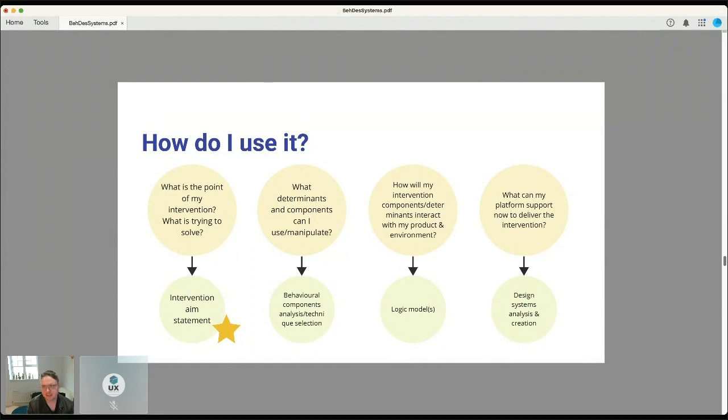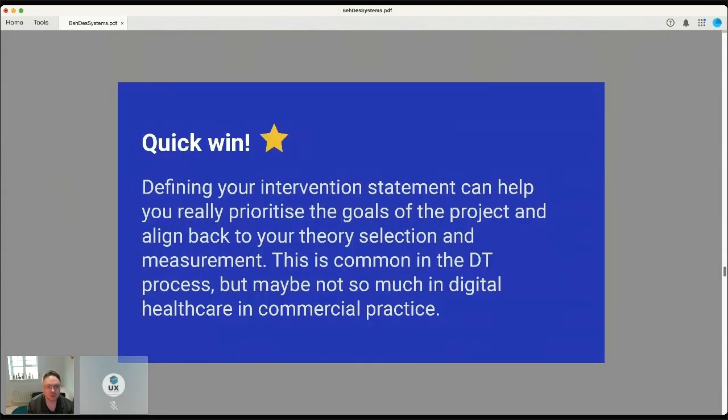If you've built a tech stack, or you're plugging into APIs, or whatever you're doing, leveraging software and hardware and artificial intelligence, it's worth thinking about design systems analysis and the creation of that and how it all plugs in as well. Just a quick win to think about for yourself if there's anything you want to take away.